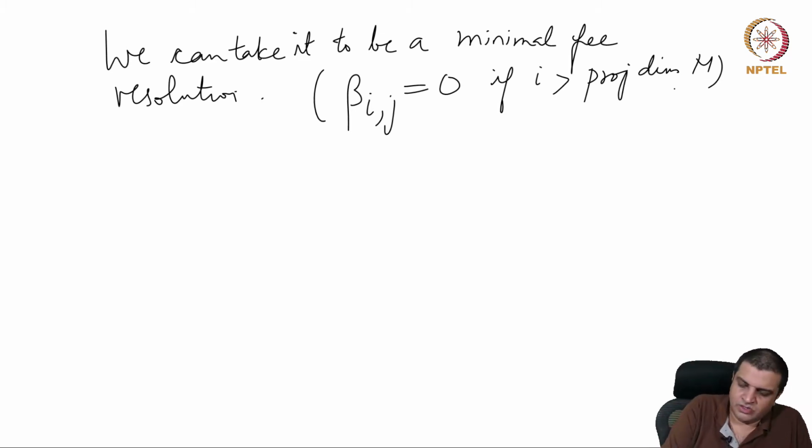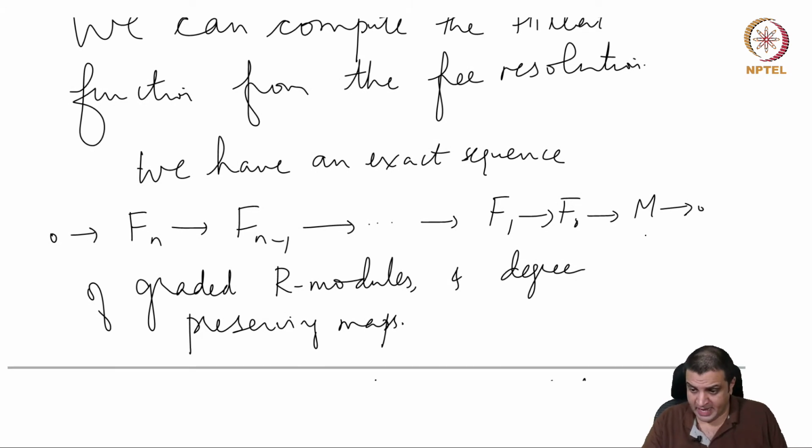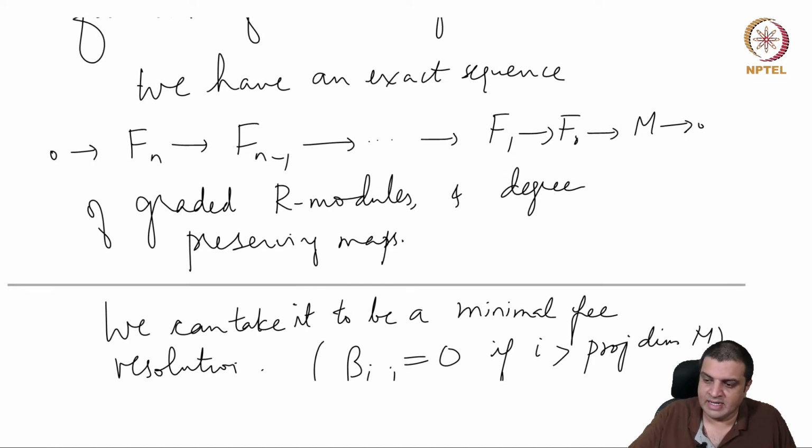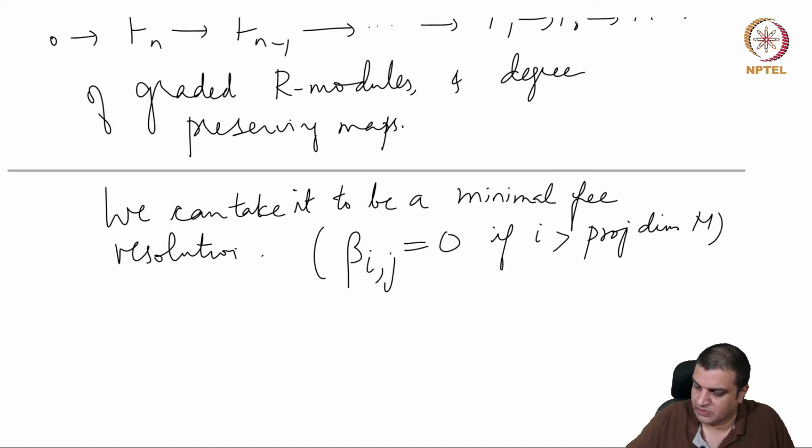Because these are degree preserving maps, we can break this whole complex into its degrees. So in degree d, each degree gives an exact sequence of finite dimensional K vector spaces.